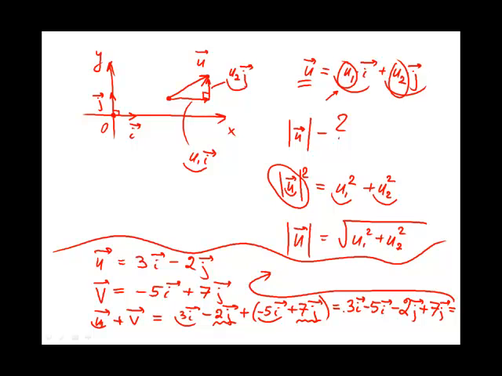How do we calculate 3i minus 5i? It's just minus 2i. 3 minus 5 is minus 2 times i. Or you may consider i as a common factor. You may write it as i times 3 minus 5. i is a common factor. What about these two?